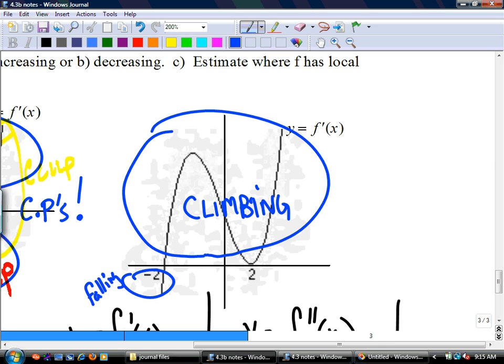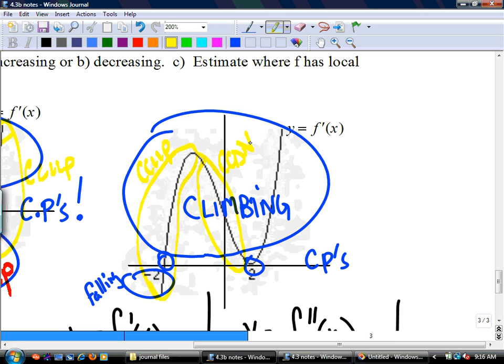Come on. -2 and 2. Critical points. Okay, so all that's done. We talked about our y prime values. Now we're going to talk about the slopes. Positive slope, concave up. Negative slope, concave down. Positive slope.